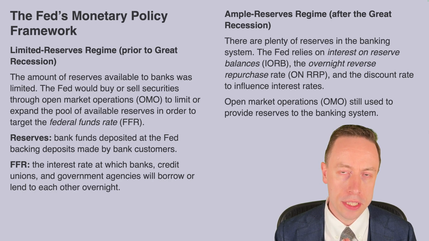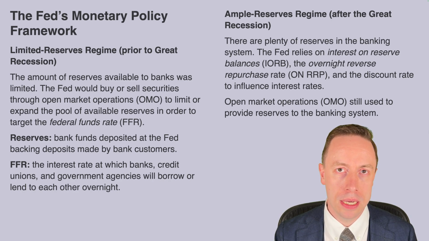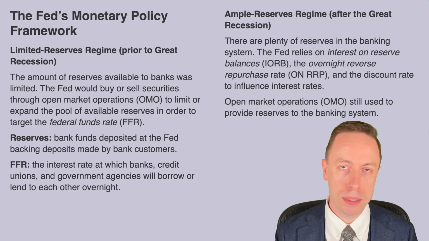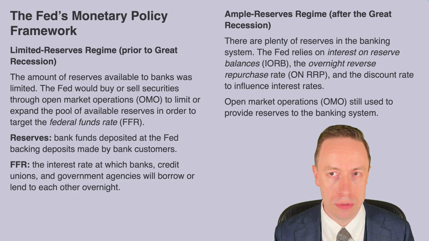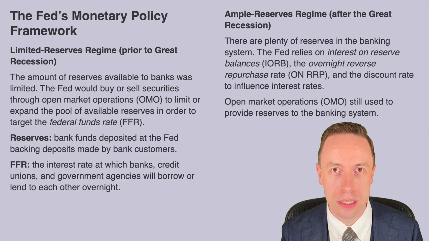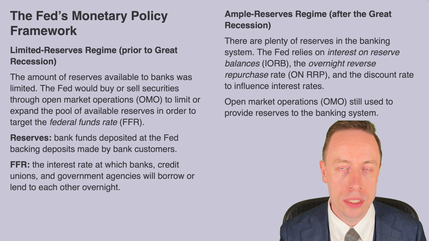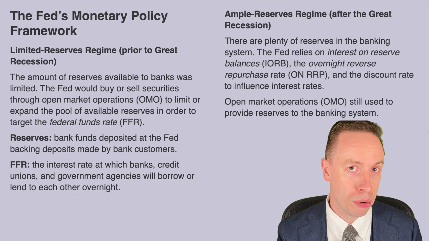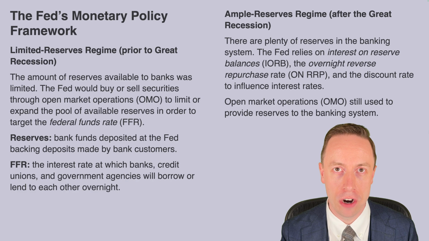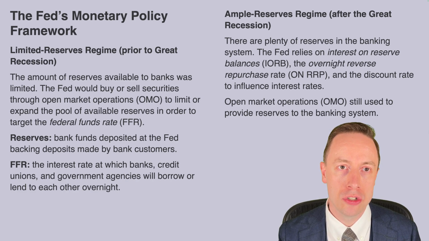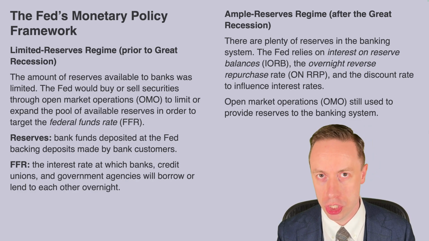So they did all this while keeping an eye on interest rates, but especially one interest rate. Most central banks like to have sort of a target interest rate that they use to communicate policy decisions, and the Federal Reserve's preferred interest rate is the so-called federal funds rate, or FFR for short, which is the interest rate that banks charge each other.